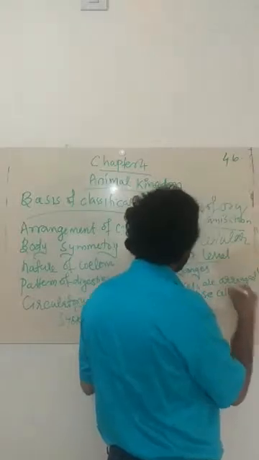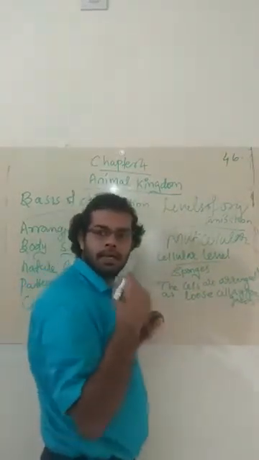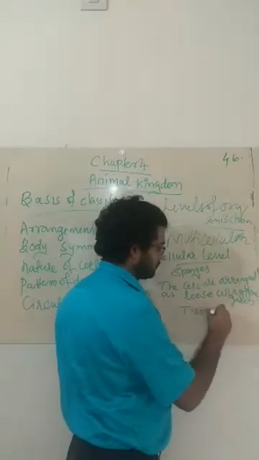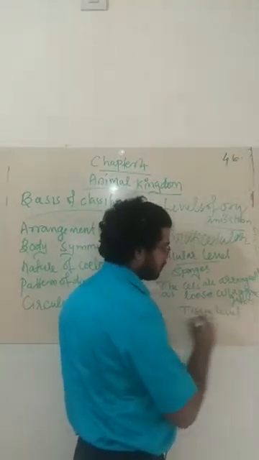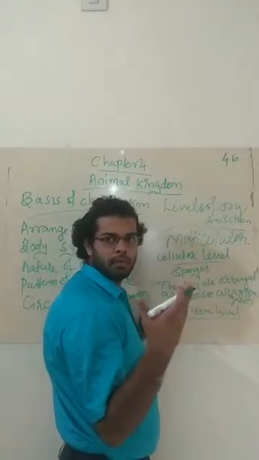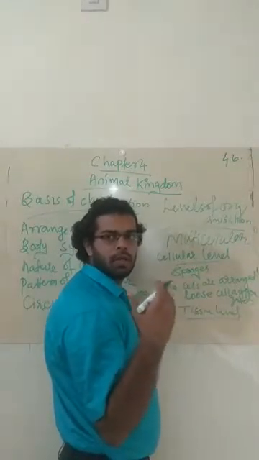That is cellular level. Next is tissue level. It means all cells are grouped together to form a tissue. So what is happening here?